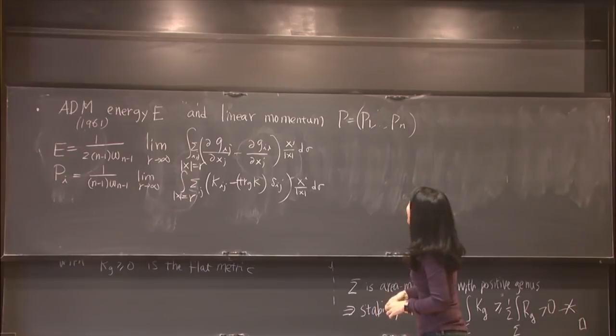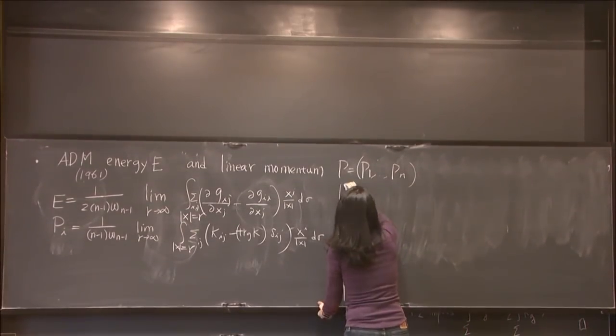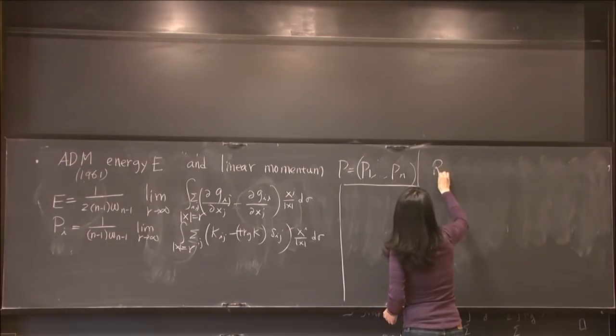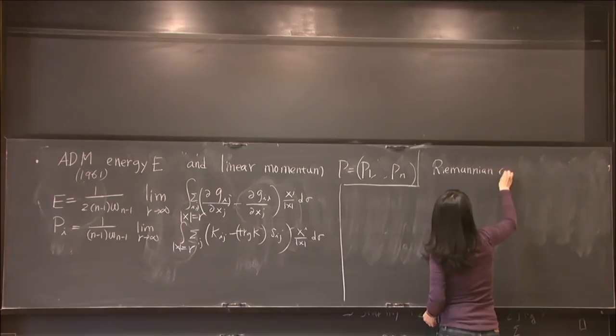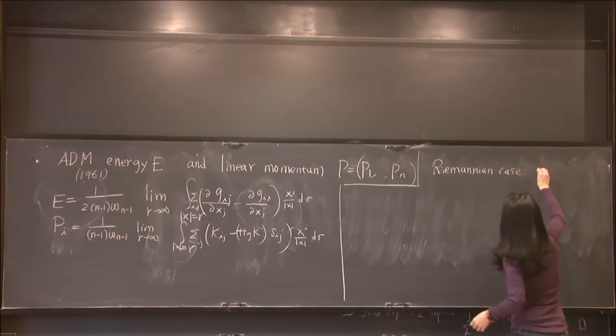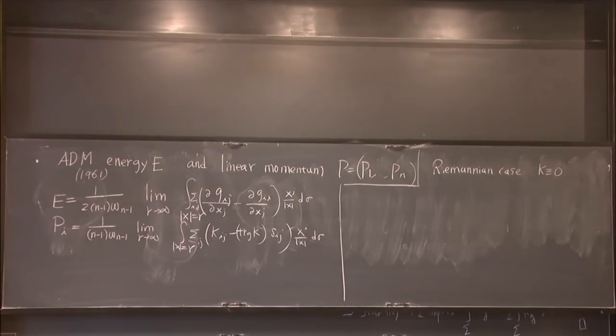Okay, thank you. So in the Riemannian case, we will think about K as identical to 0. And then everything involving the definition of K will be 0.